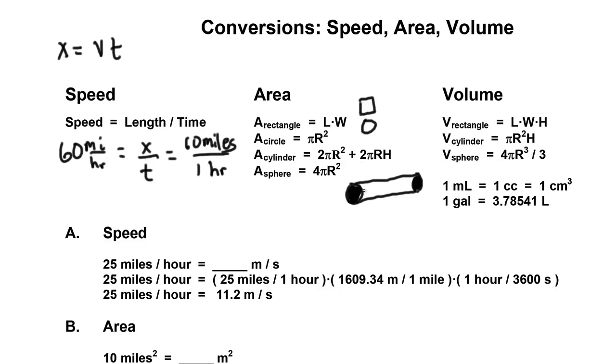Now if you take a scissors and cut through the tube and lay it out flat, what you'll find is you have a rectangular surface. If this were the length of the cylinder, that's what this would be.